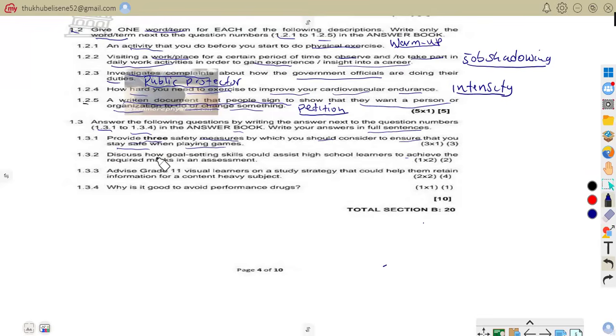Question 1.32 asks us to discuss how goal setting skills could assist high school learners to achieve their required marks in an assessment. So here we're talking about goal setting skills.